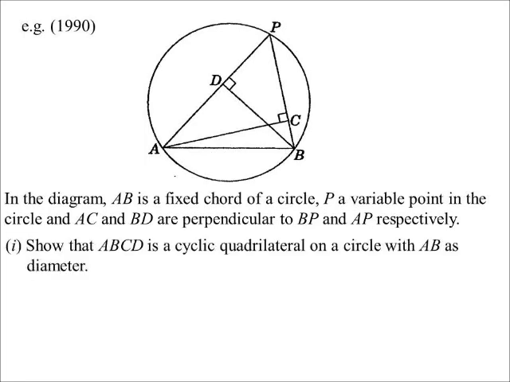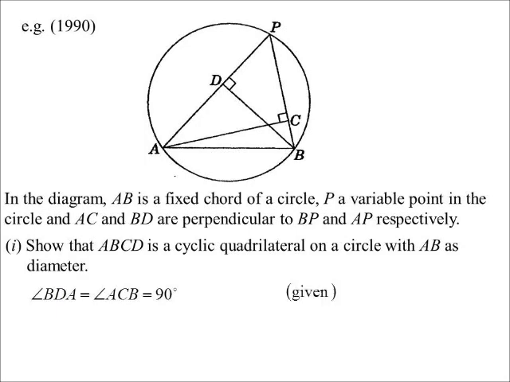The first thing is the traditional sort of question that you see in an Extension 2 paper: show something's a cyclic quadrilateral. It's a very common type of question. So ABCD we want to show as a cyclic quadrilateral. Well, BDA, they've given us 90 degrees. They've also told me ACB is 90 degrees.